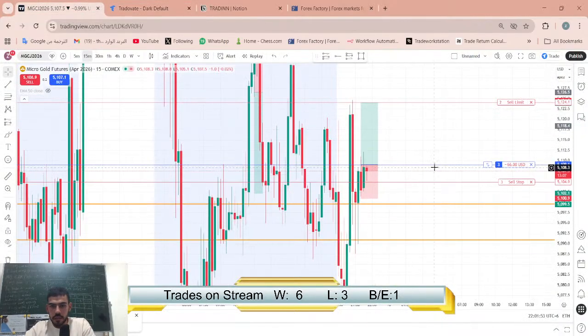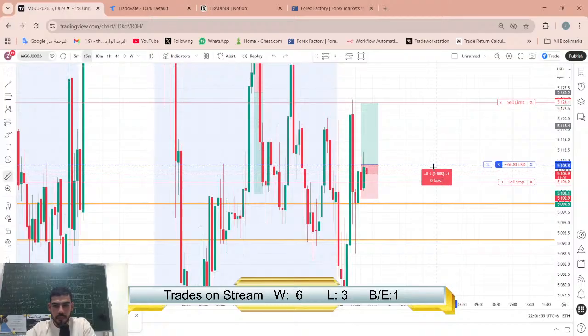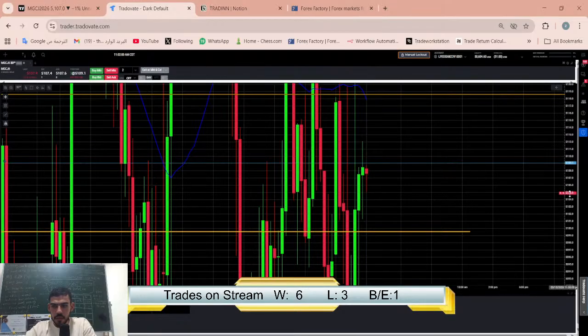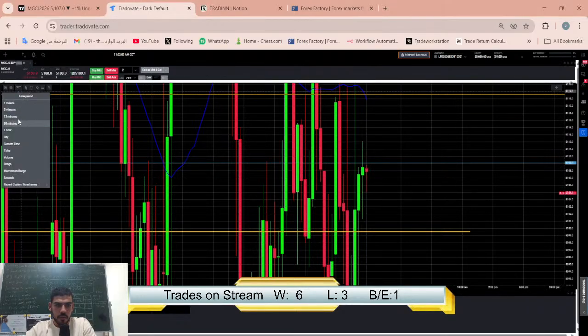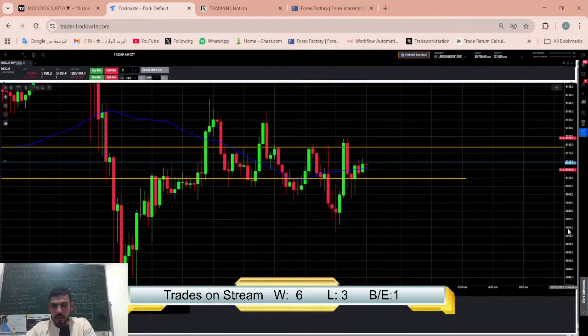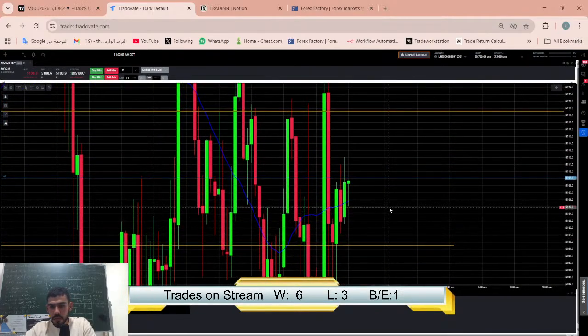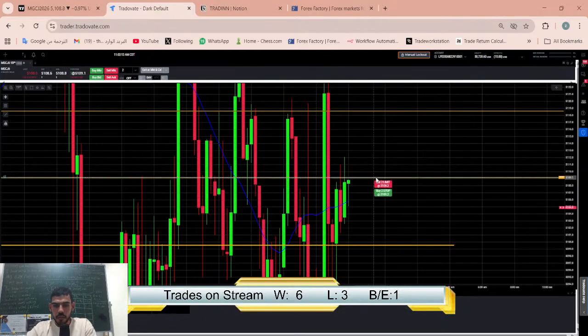How much is this? 120. Let's check the 15. Yep, so it creates a bottom wick. I don't think there is any reason for it to go down again and create another bottom wick.